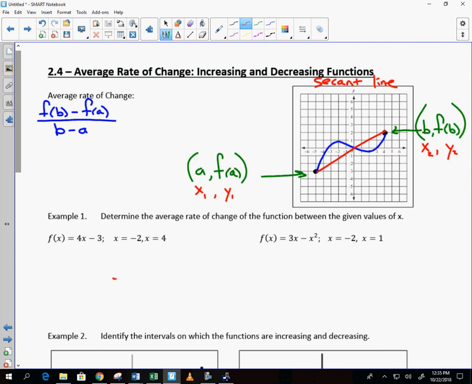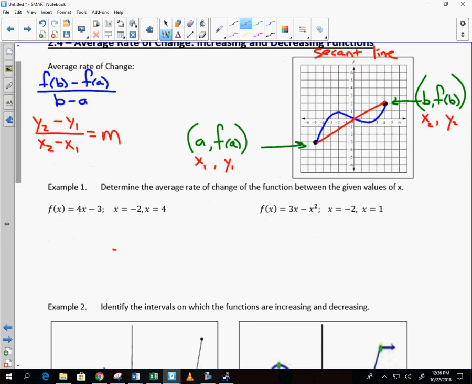So if I replace f of B and f of A and B and A with x2, x1, y2, y1, stuff like that, what does the formula look like to you? F of B, what do I put in its place? What do I put in place of f of A? Yeah. It's the same thing as slope. Your average rate of change formula is the same thing as a slope formula. They're 100% the same. It's just the way we think about it and talk about it, okay?